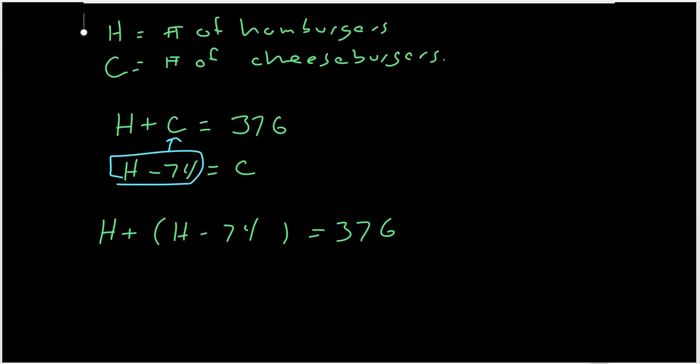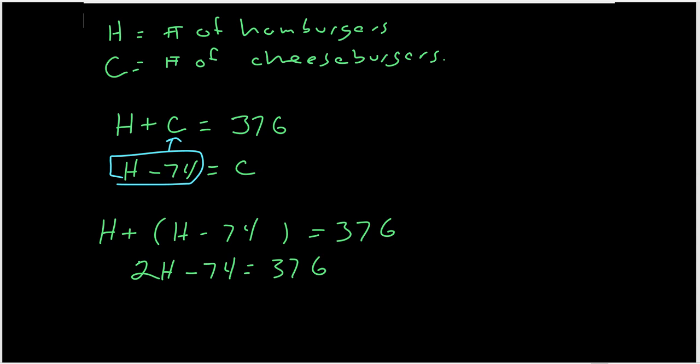And now I've got a single equation with one variable. I can simplify, so I'll combine my like terms. Now I'm going to undo the addition first, so we're going to add 74 to both sides.